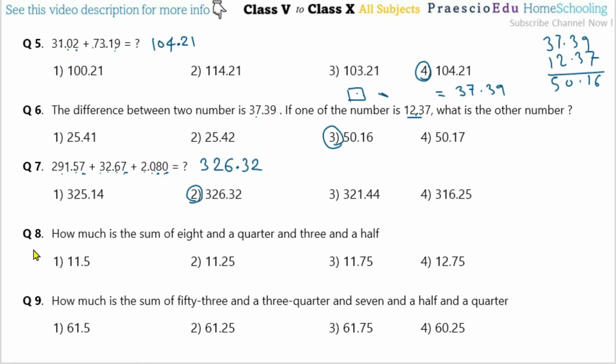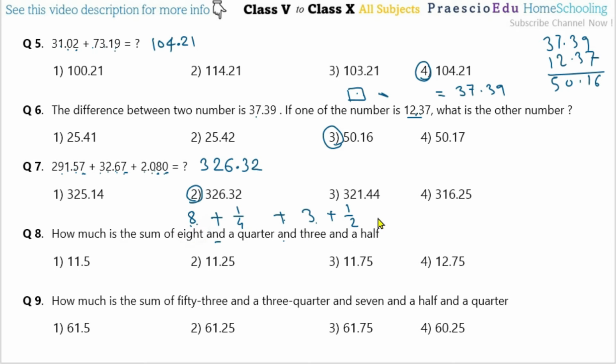Now question number 8, how much is the sum of 8 and a quarter and 3 and a half? 8 and a quarter means 8 plus 1 by 4, then plus 3 and a half, so 3 plus 1 by 2. So like this, 8 plus 1 by 4 plus 3 plus 1 by 2. First we will do the units addition.